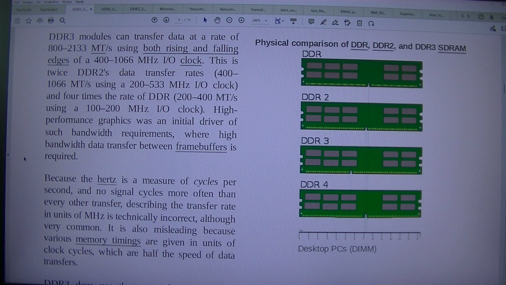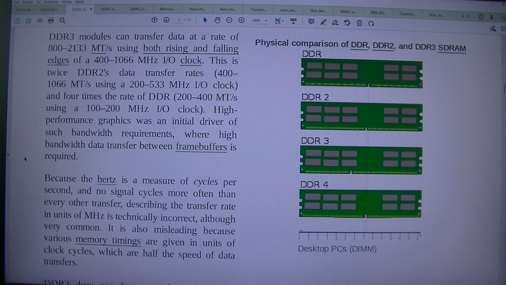DDR3 modules can transfer data at a rate of 800 to 2,133 MT/s using both rising and falling edges of a 400 to 1,066 MHz I/O clock.